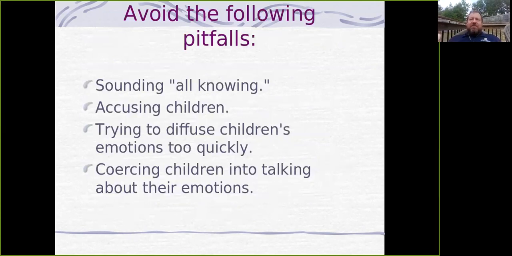Some pitfalls that we can fall into with affective reflections. One is sounding all knowing, the sort of, I know you're upset, but, and I'll talk about the but in a second. Because we're making that inference, it can sometimes sound like we are saying that we know everything about how the child's feeling, and that's a mistake to avoid. We also don't want to be accusational. You're just jealous.